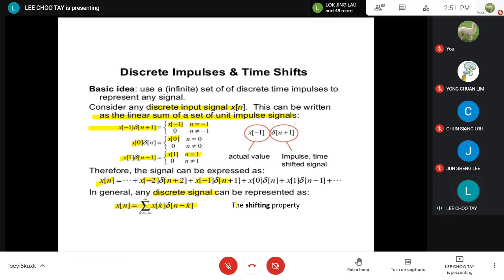This makes use of the shifting property of the delta function. I shift the delta function by k value, for all the k values in x.